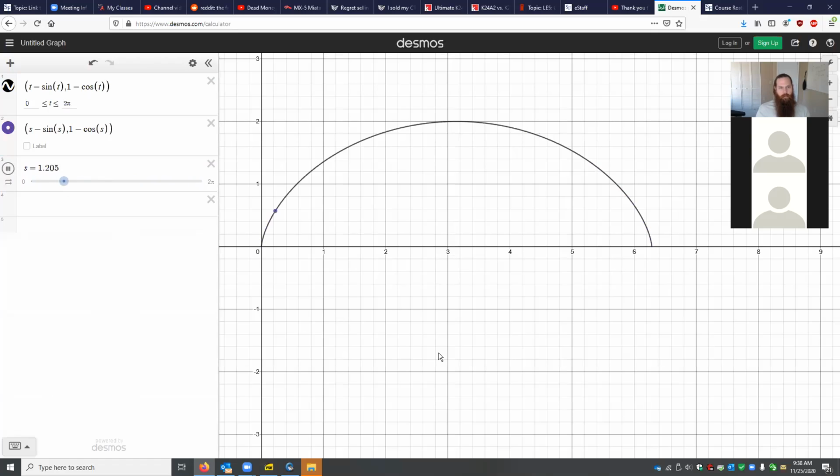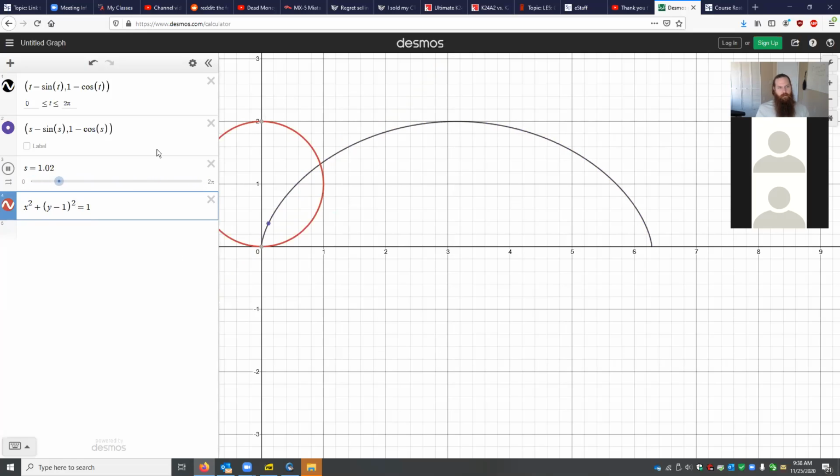Now this path is famous for a few reasons. This curve is called the cycloid, and it's what you'd get if you started with a circle of radius 1, not centered at the origin, but centered at a point up here, and you let it roll to the right.